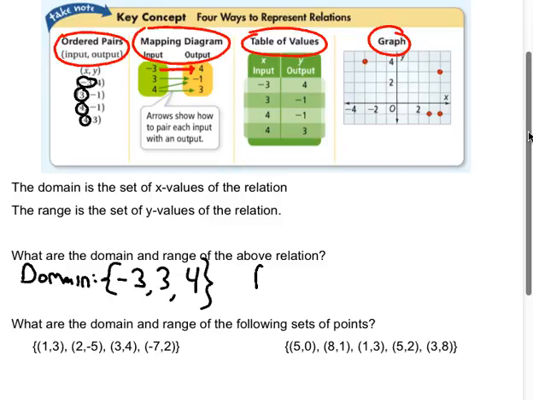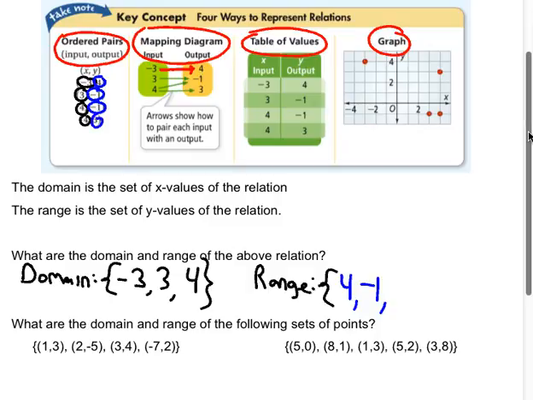And my range is going to be my list of y values. So here I have a y value of 4, have a y value of -1, have a y value of -1 again. So I'm going to choose not to write it a second time because it's already in that list of numbers.